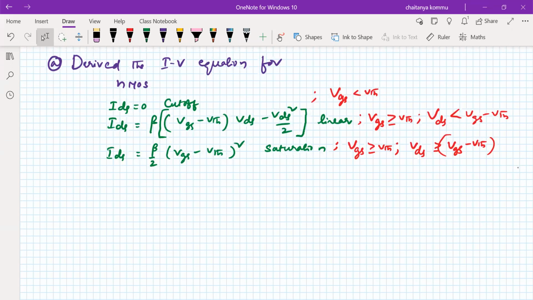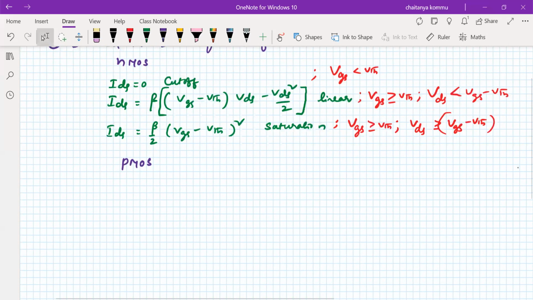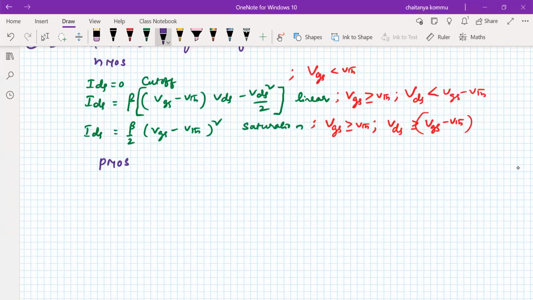Now let us apply the same kind of equation for the PMOS transistor. So how do we do it for the PMOS? Because we have to use both NMOS and PMOS in CMOS designs, we should understand some basics related to PMOS also. As everybody knows, whenever we are realizing the PMOS transistor, the substrate must be N substrate. We know that there is a gate oxide, and on top of it we have a polysilicon.